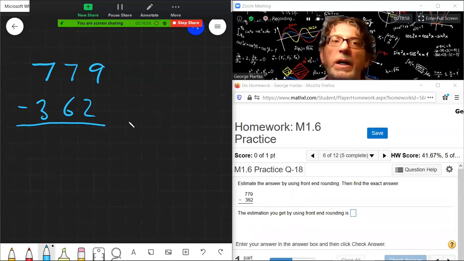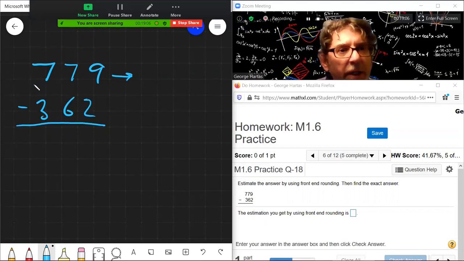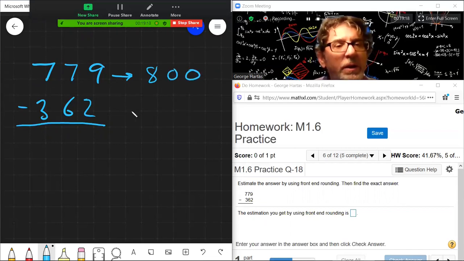Front-end rounding, leftmost digit. So here we go. Front-end rounding means we're rounding to this digit here. Look to the right. This is a 7, which means we add 1 to this 7. So 800. It's still the same process.